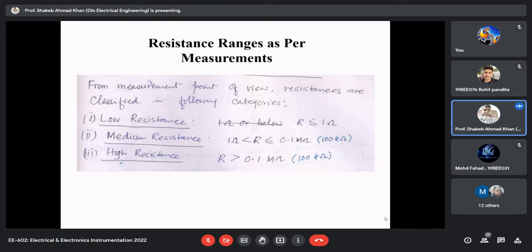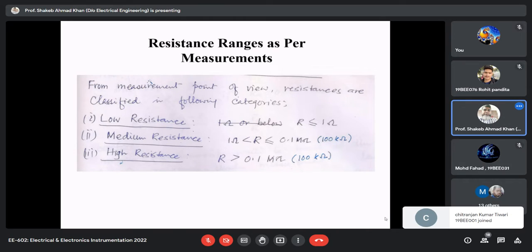When we discuss low and high resistance, we'll first discuss the issues, and then we'll discuss how these methods tackle and address the issues in these resistance measurements, and then they give us accurate results.